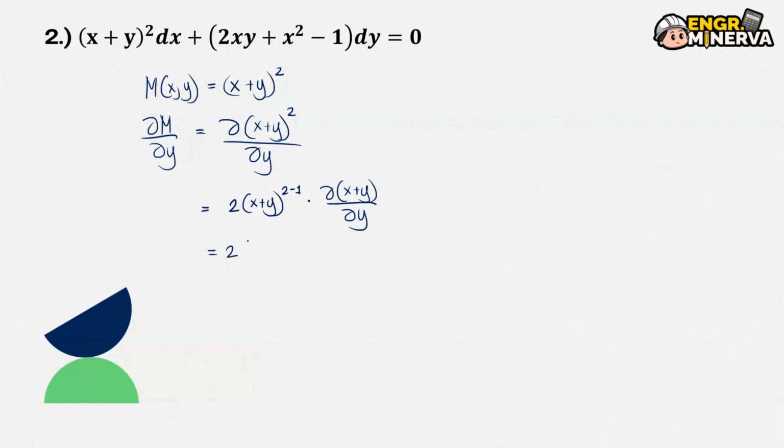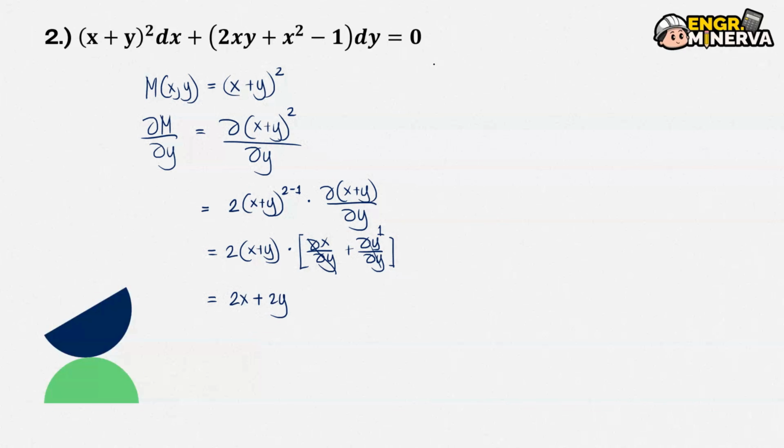So that would be 2(x + y) multiplied by the derivative of x with respect to y plus the derivative of y with respect to y. This would be 0 because x is constant, and this would be 1. And our final answer for the partial derivative is 2x + 2y.